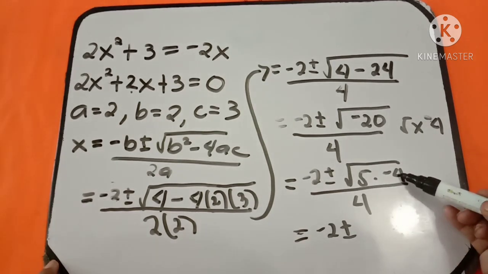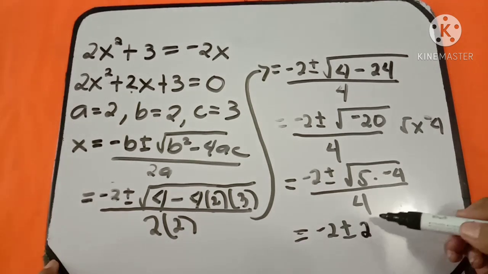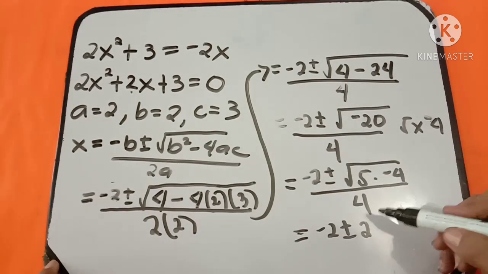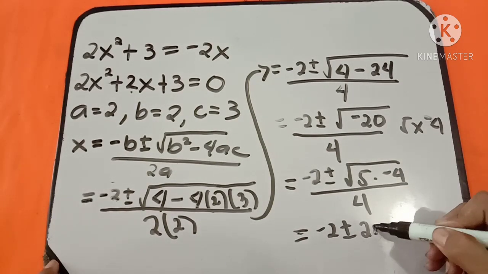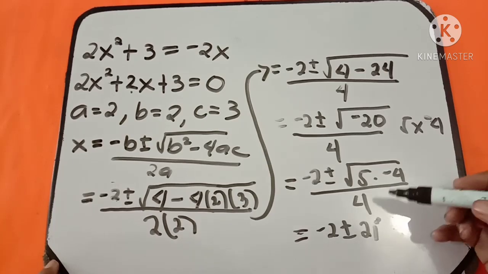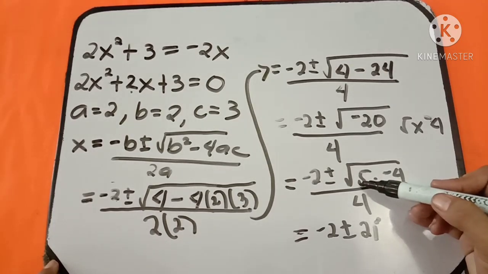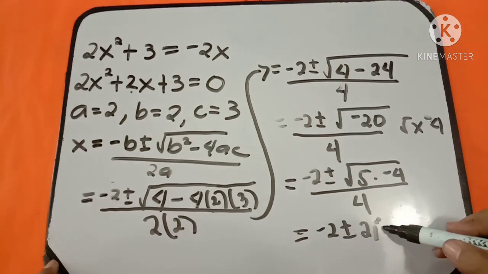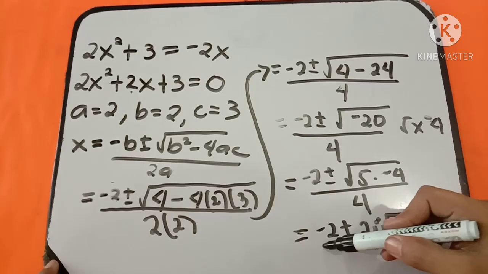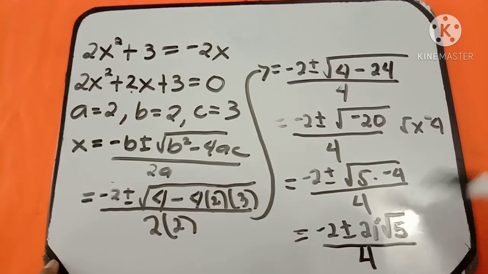So the square root of 4 is 2, so we have here 2. But remember, 4 is negative, so we should write a small letter i to signify that this value is an imaginary number. Then, our 5 is not a perfect square number, so we should still write it inside the radical sign. And copy the common denominator 4.